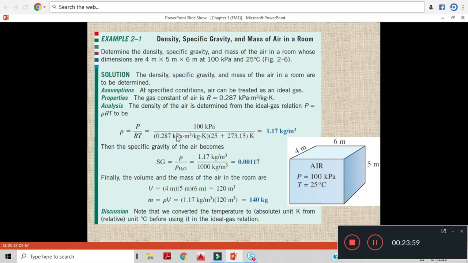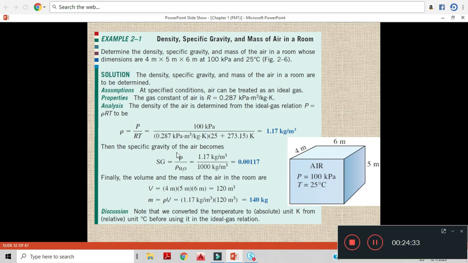If you are using only pascal, not kilopascal, then this 100 should be 100,000, in pascal. And this temperature must be converted into the absolute temperature scale, that is Kelvin. If you are using Kelvin, use Kelvin. Okay, so when you end up, you will get the density of the air at this temperature and pressure.